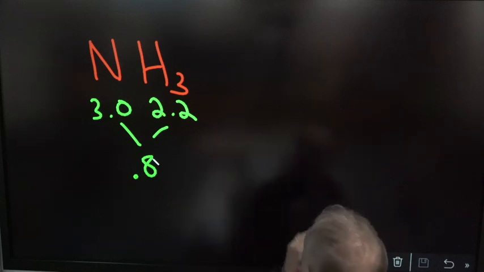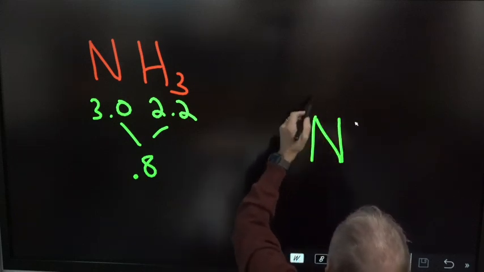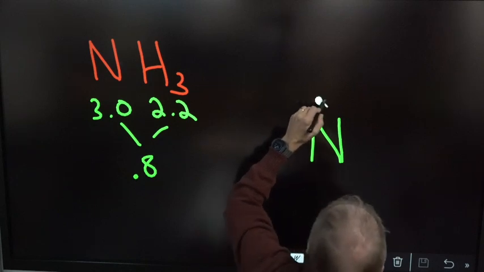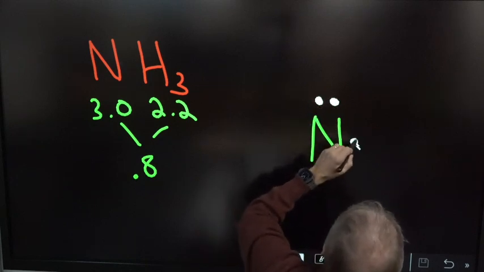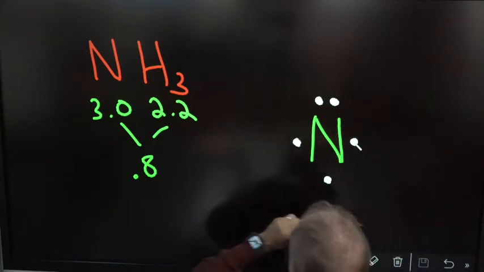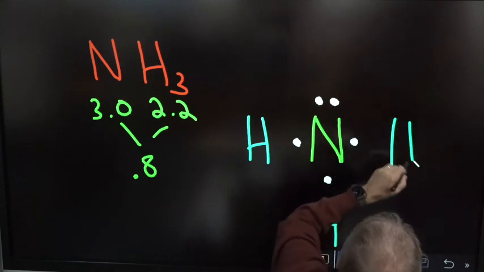So I have an N right here, and N is in group 15, so that's an S2P3. So here's my S2, P1, P2, P3. Now, we put the hydrogens around, one here, one here, one here.